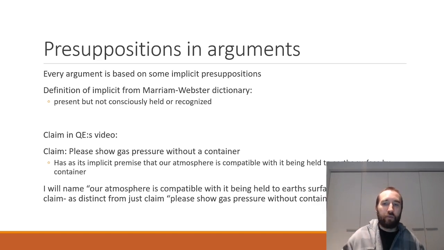So when we go to the next slide, when I say claim, I mean please show gas pressure without a container, and when I say claim hyphen, I mean our atmosphere is compatible with it being held to Earth's surface by a container.